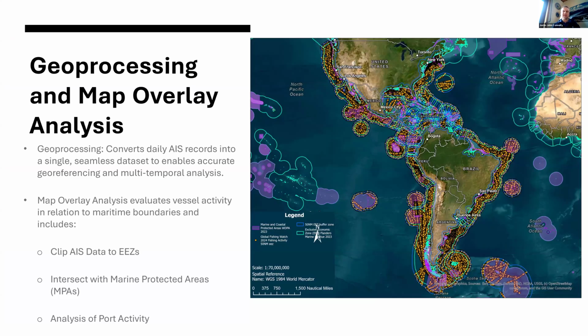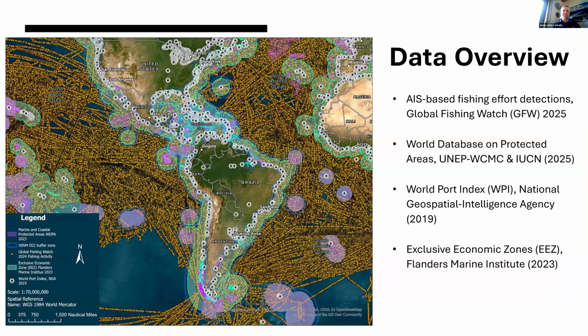So looking at the patterns of vessels arriving at and departing from a specific facility could also be a potential indicator. And then the green boundaries that you see here, that's what I mentioned earlier, the exclusive economic zone, which is 200 nautical miles from the shore of the coast.